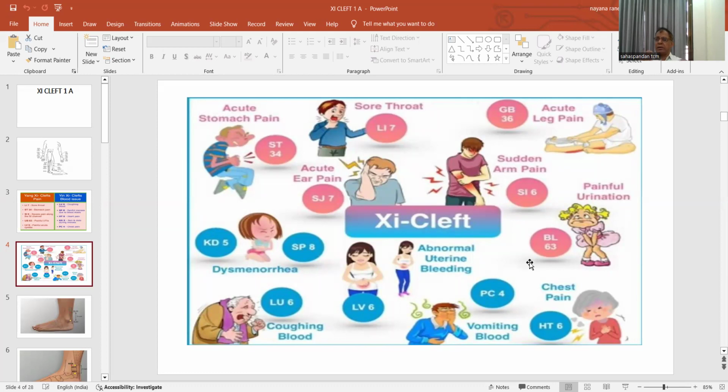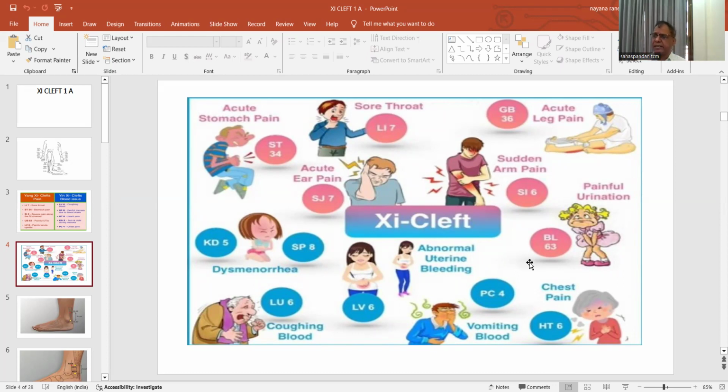And one more tip I'm giving to you. In case of hernia, apply the master Tung point 11.01, 11.02, 11.03, and 11.04 on the contralateral side, the opposite side.